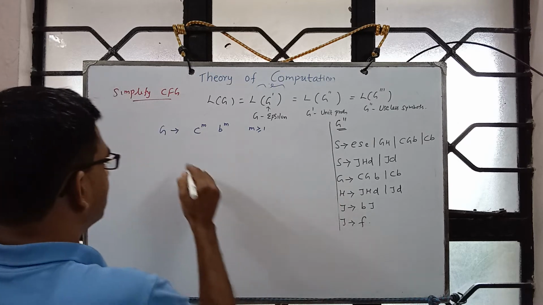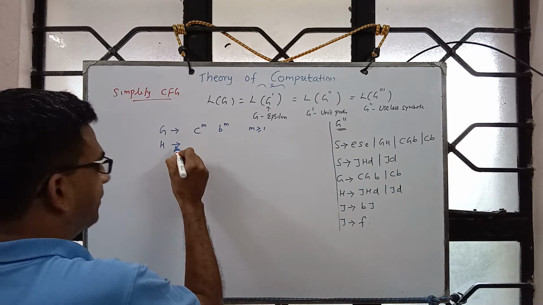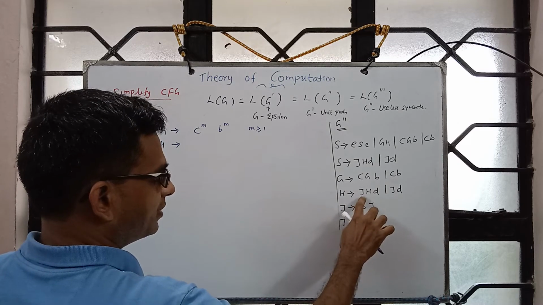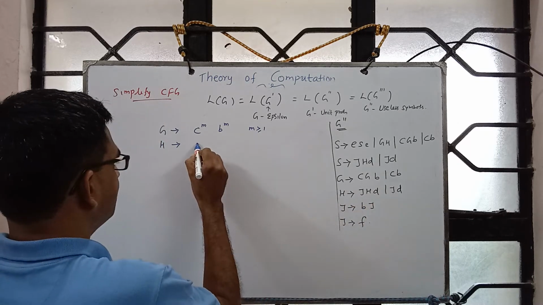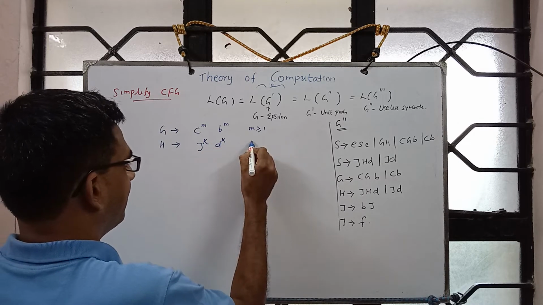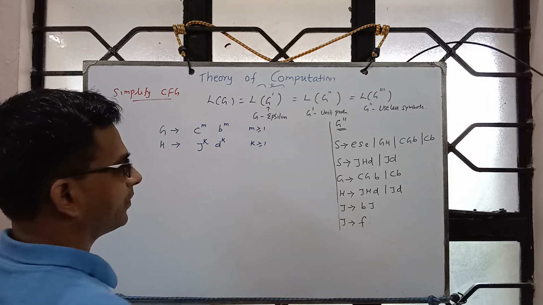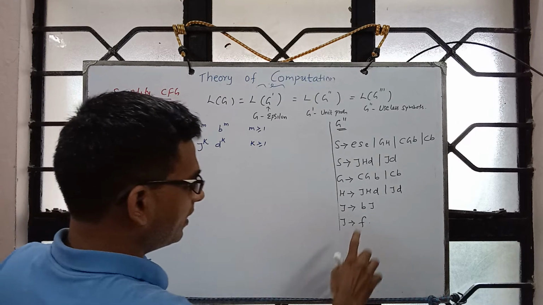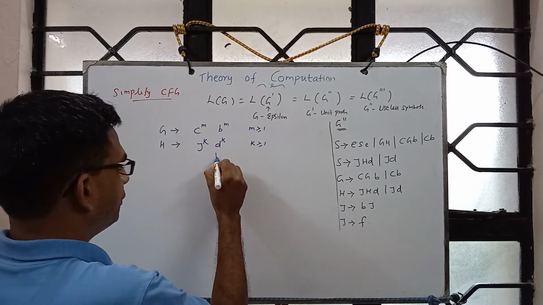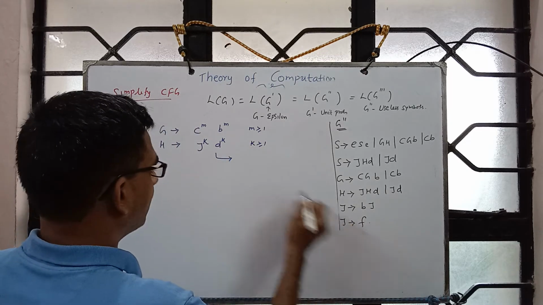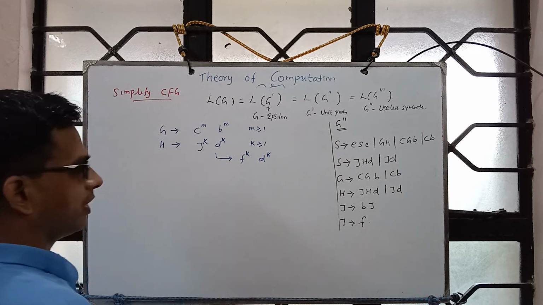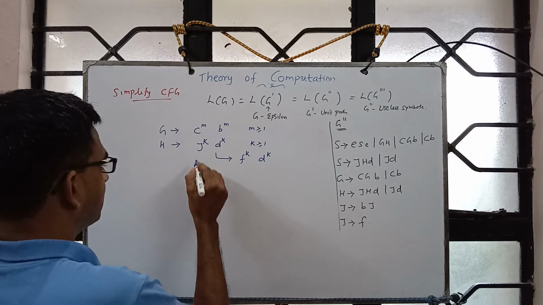And look at H. From H we get to see JHD, again JHD every time. So which means we get something like J power K, D power K, where K is at least 1. But remember, J is a non-terminal, which means from this you may simply get F power K, D power K, or one can also do this.